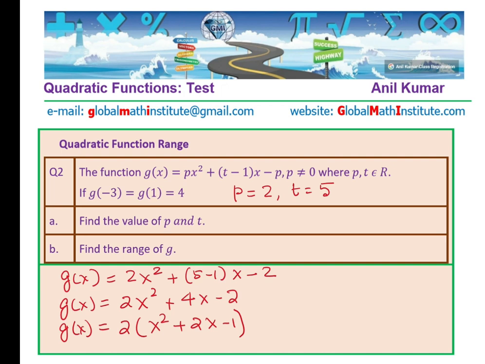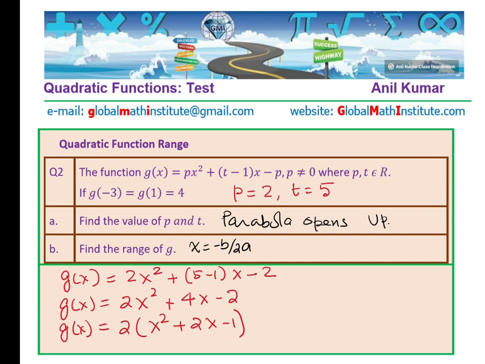We know that the parabola opens up, right? So we have a parabola that opens up. To find the vertex, we can do completing the squares, or we can use the value of x equals minus b by 2a and get the answer.